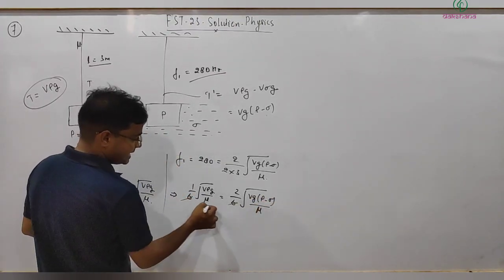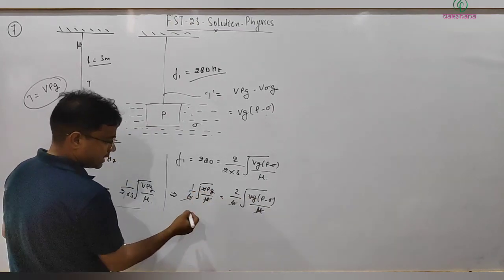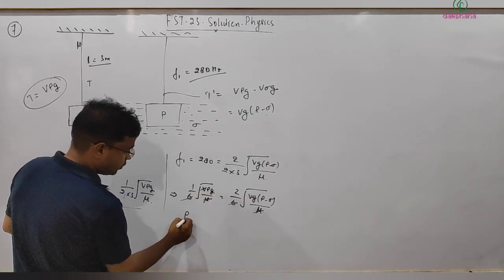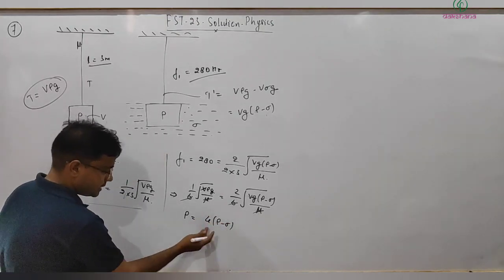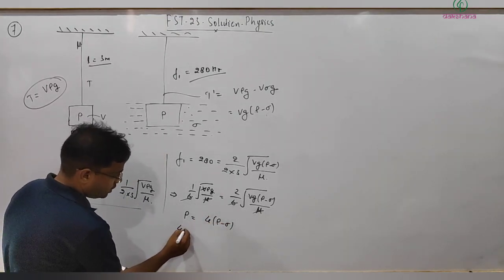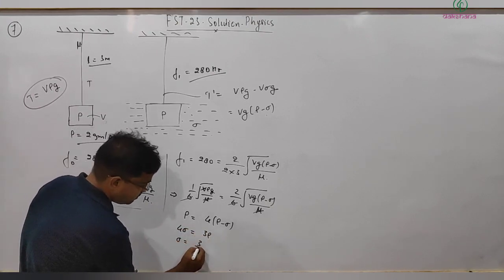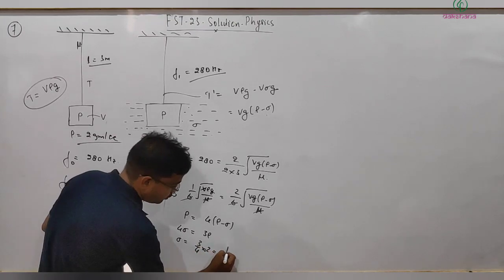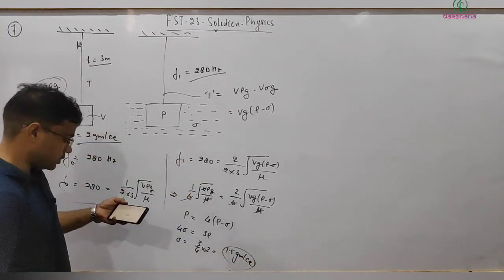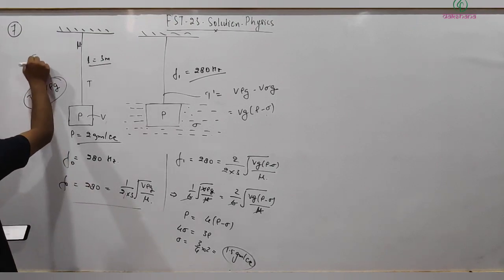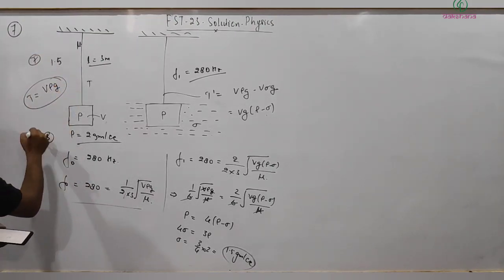So 6 gets cancelled, mu gets cancelled, V g gets cancelled, and we are left with, squaring it, rho is equal to 4 times rho minus sigma, and this gives 4 sigma is equal to 3 rho, and sigma is equal to 3 by 4 into rho, which is 2, that is equal to 1.5 gram per cc. So this is the answer for question number 7, it's 1.5, which matches option B.